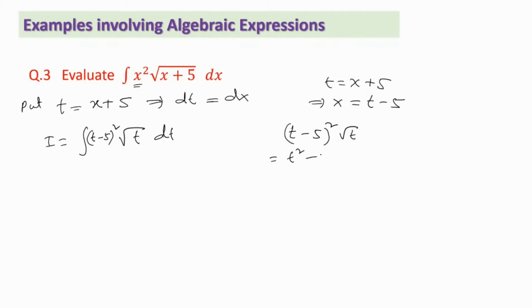So this is t squared minus 10t plus 25, times square root of t.